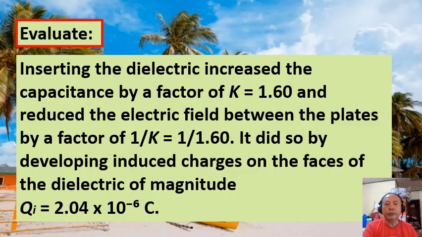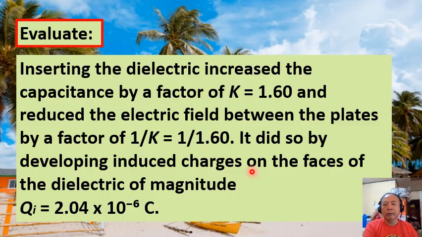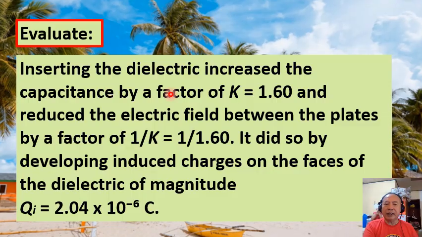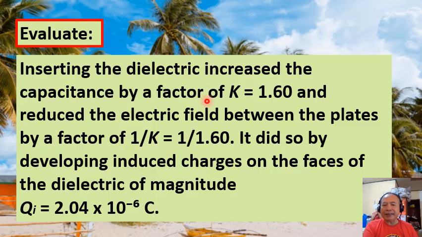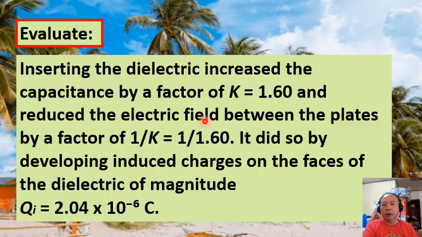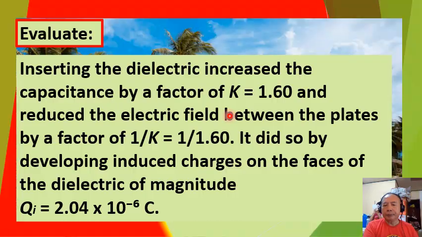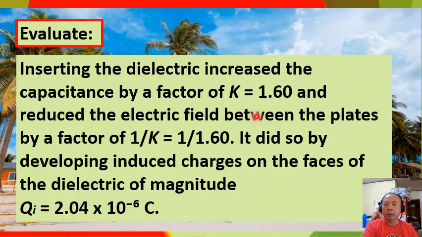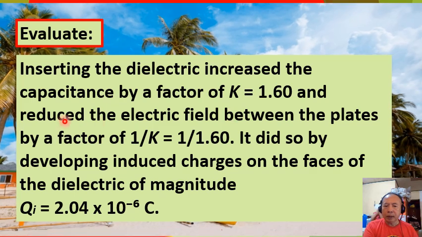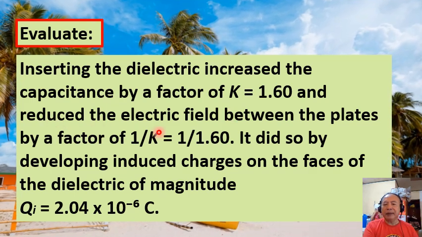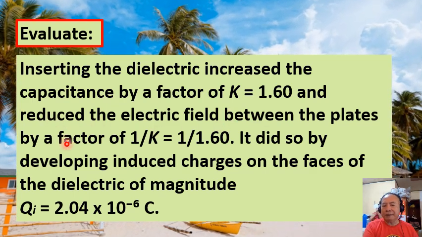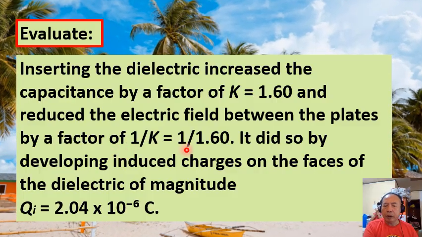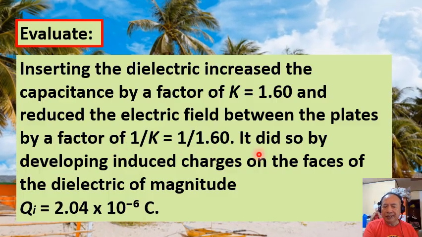We can also evaluate the results of our computations. We say that inserting the dielectric increased the capacitance by a factor of kappa, which we found to be 1.60, and reduced the electric field between the plates by a factor of 1 over kappa, or 1 over 1.60.